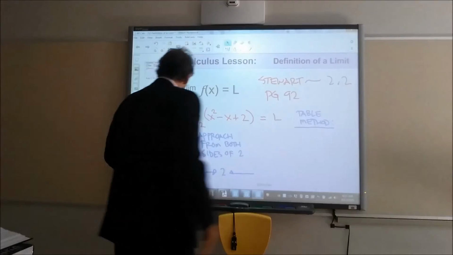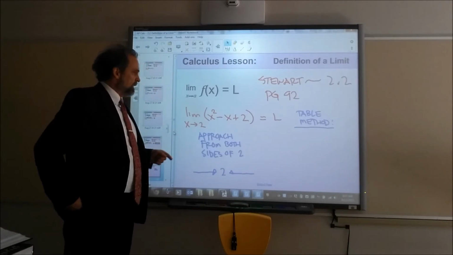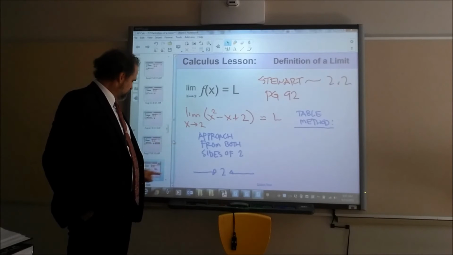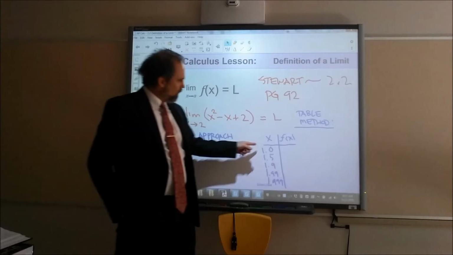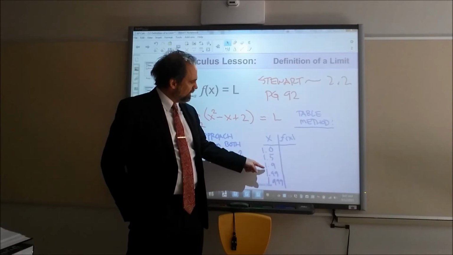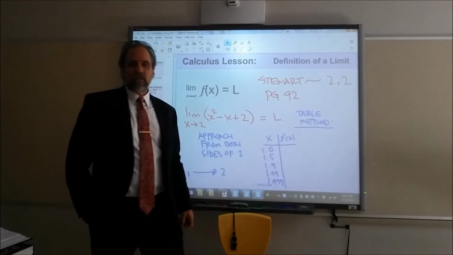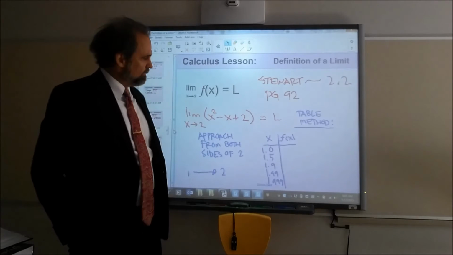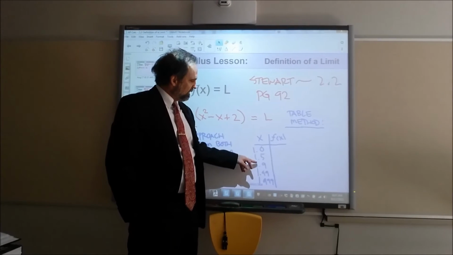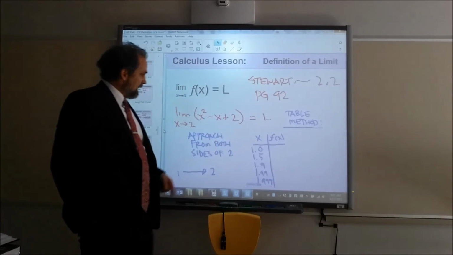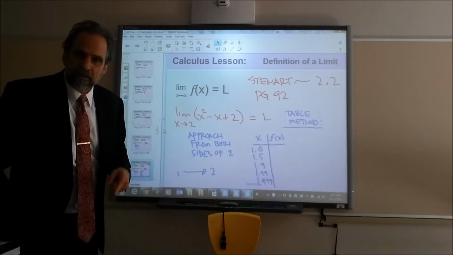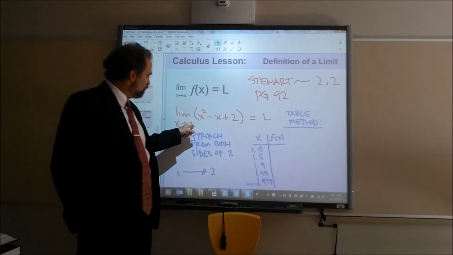All right, so let's do the table method. And what the table method is, I make a table, okay? And so I'm going to go 1, 1.5, 1.9, 1.99, 1.999. And what you'll find after you do this a few times is you can just start from like this point and get close, close, close. That's one side. Which side am I approaching my x value of 2 from?